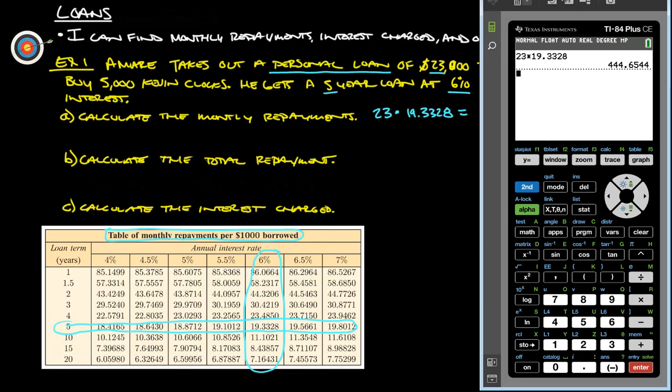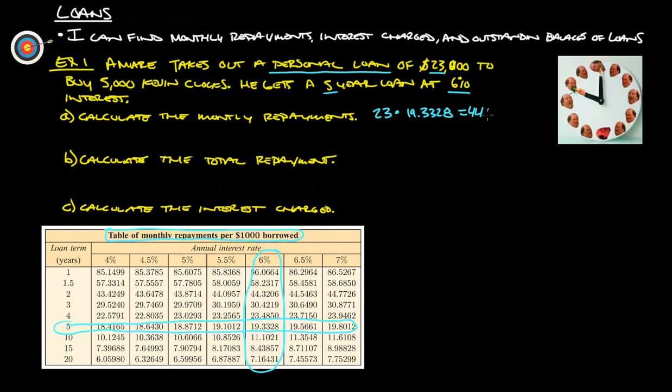Let me double check on that. Yes, we do. We go up to the next penny. So it's 444.66, $444.66 per month.